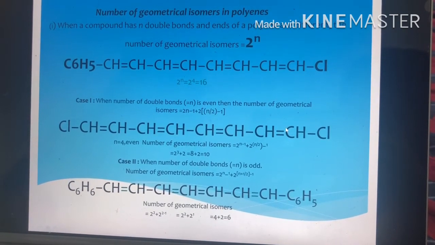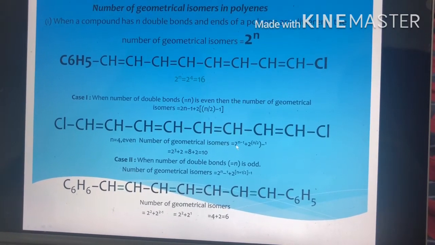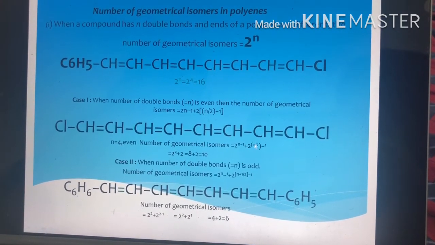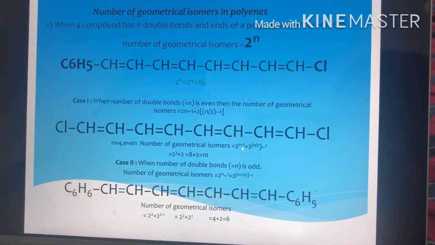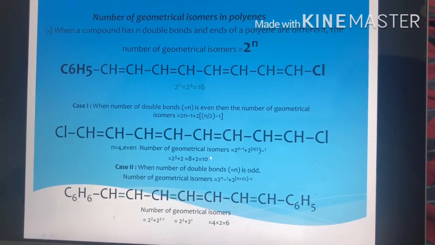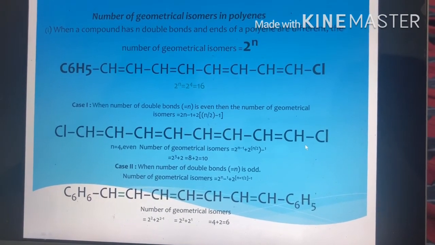So here it is an even number of double bonds. We apply the formula 2^(n-1) + 2^((n/2)-1), where n is the number of double bonds. If you apply this in the formula, you get 10. So that means it will show 10 isomers.